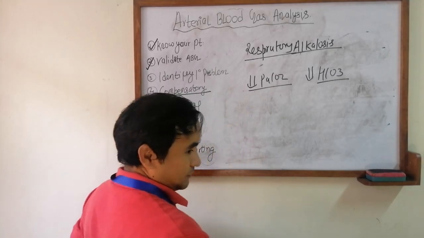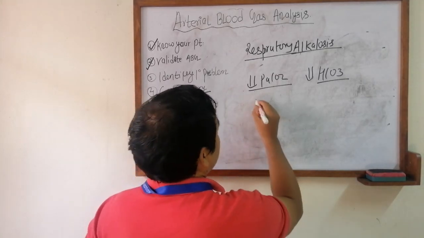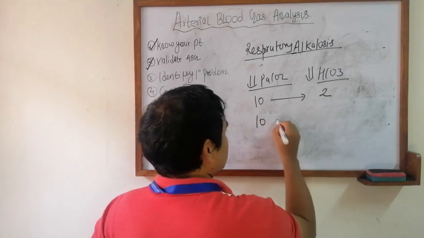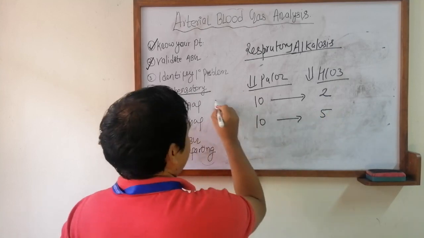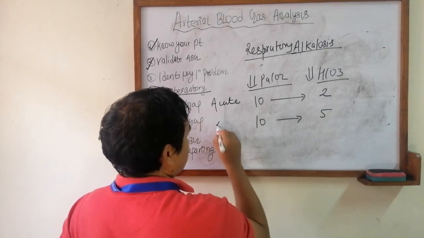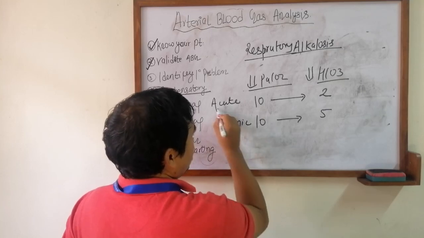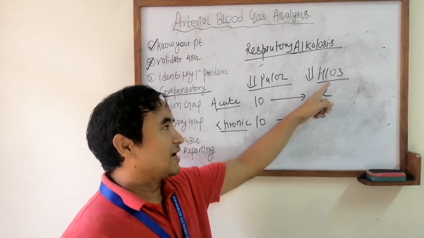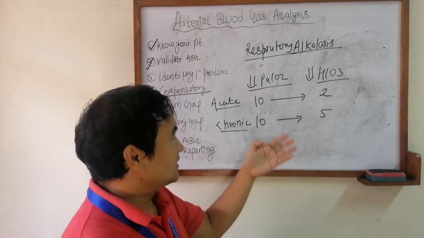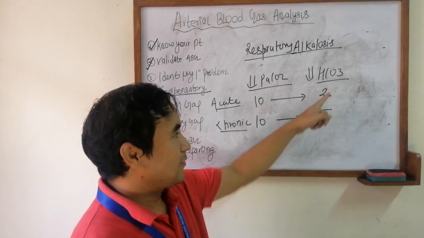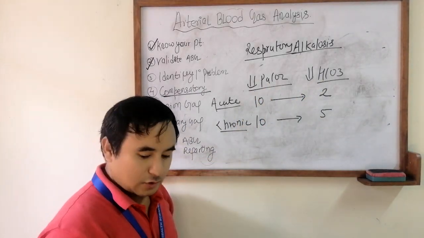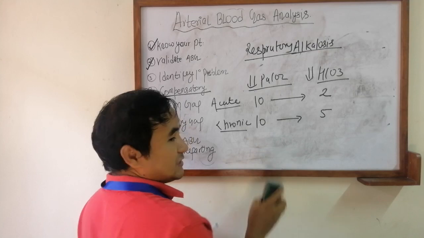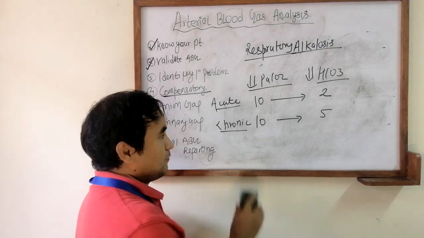If PCO2 drops by 10, then bicarbonate will drop by 2 in acute compensation, and by 5 in chronic compensation. This is how we have to know these values, so that we can comment upon whether there is no compensation, partial compensation or complete compensation.